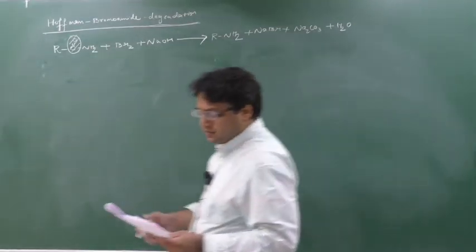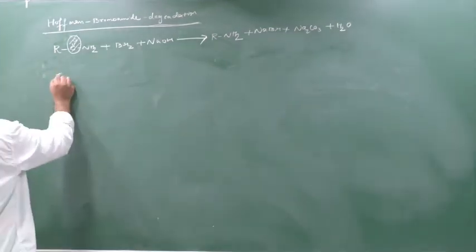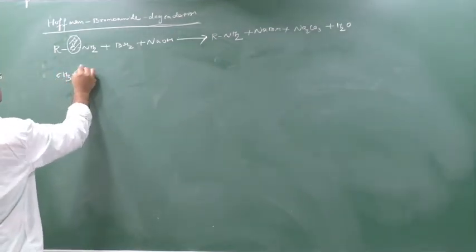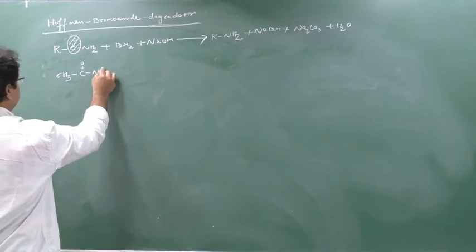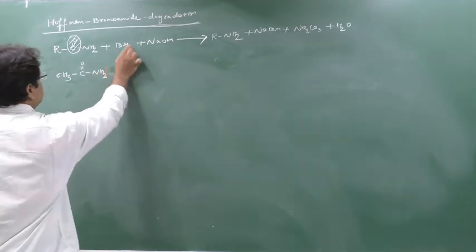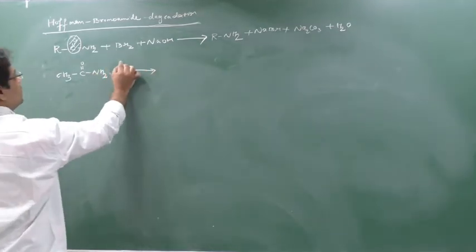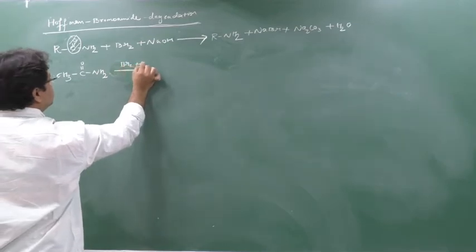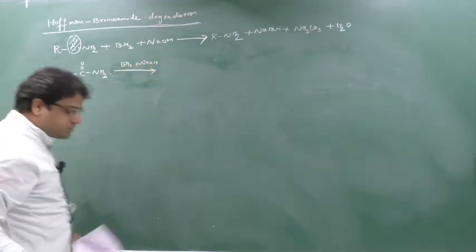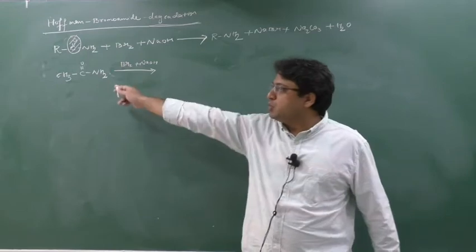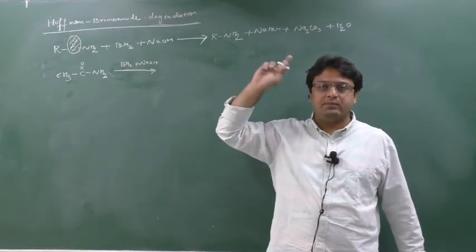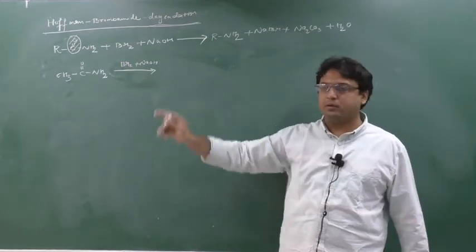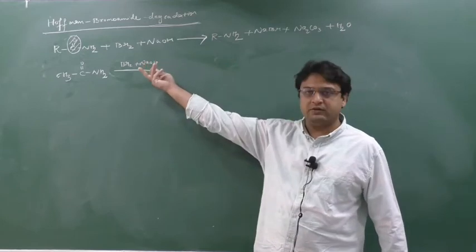Suppose in exam they give you CH3 C double bond O NH2, and first they give you to react with Br2 plus NaOH. Then what should your answer be? Understand in your mind, if bromine comes with NaOH or KOH, any will work, it is Hofmann bromamide.